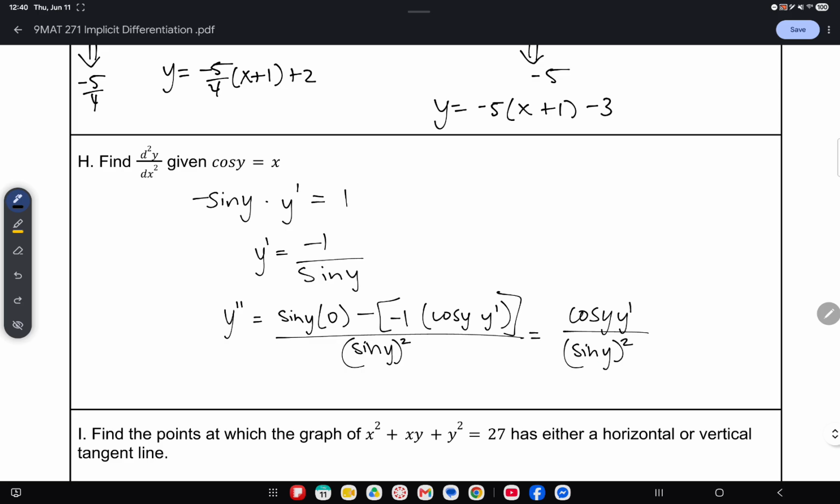But I don't want a y prime in the answer, but I solved for y prime, right? So I need to do that substitution. So that's cosine of y times -1 over sine of y over sine of y squared. And really, I can drop that sine of y into the denominator here.